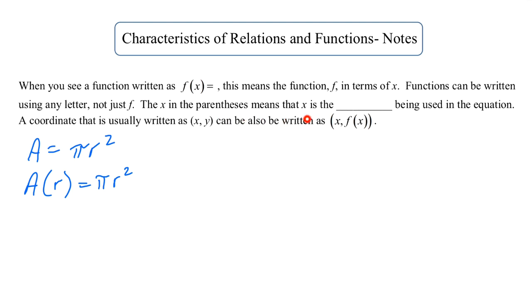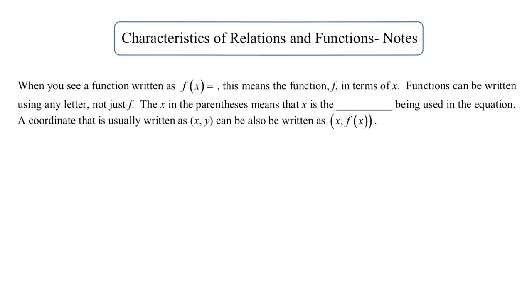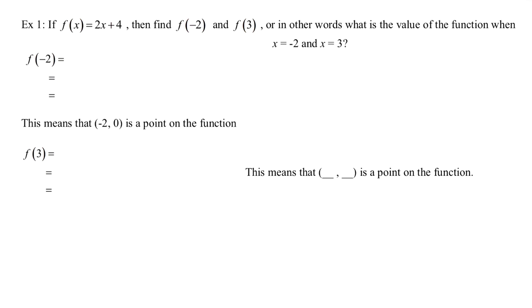The x in the parentheses means the x is the variable being used in your equation, and coordinates that are usually written as (x, y) can also be written as (x, f of x). So let's take a look at a specific example here.